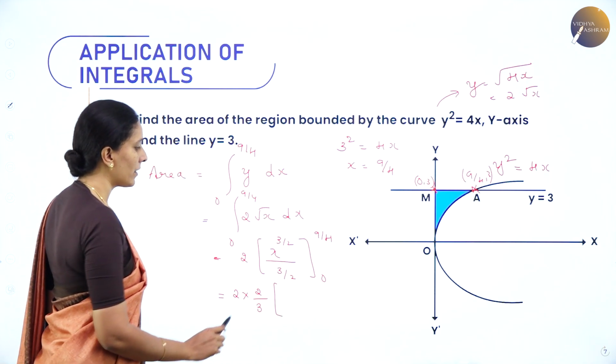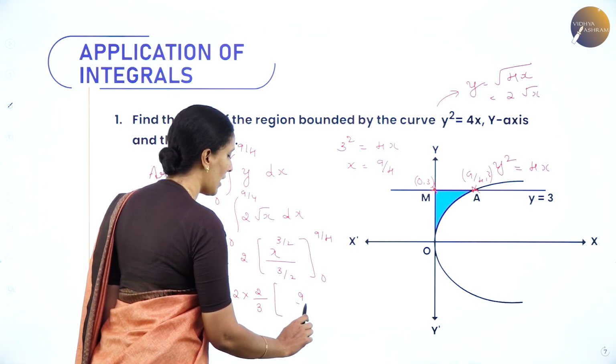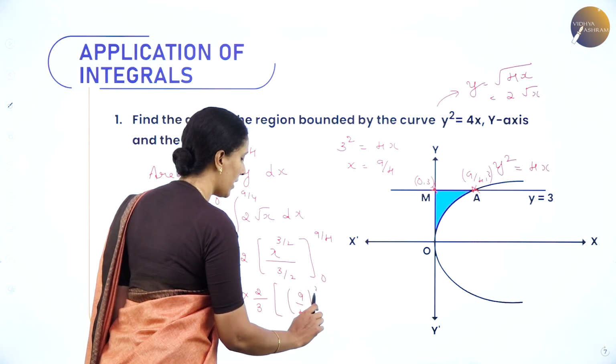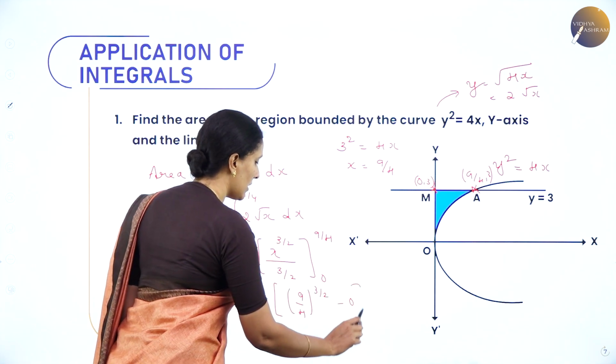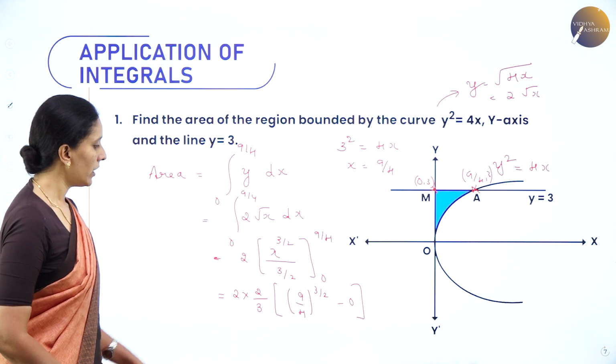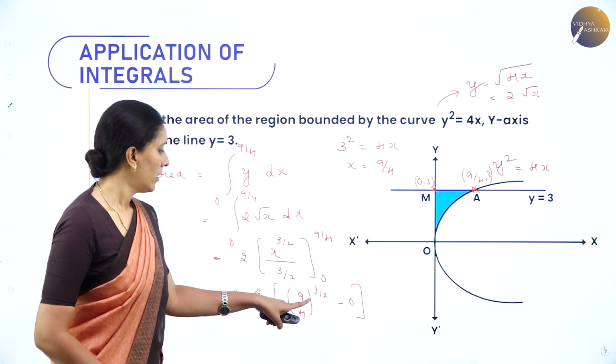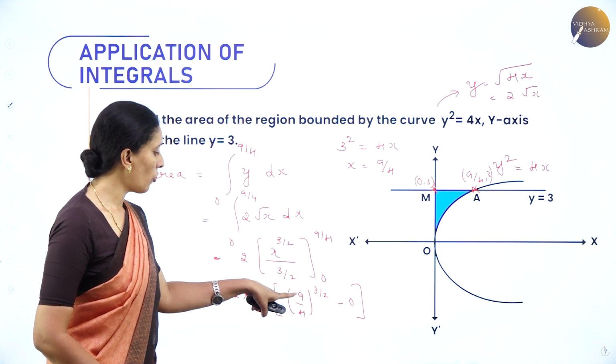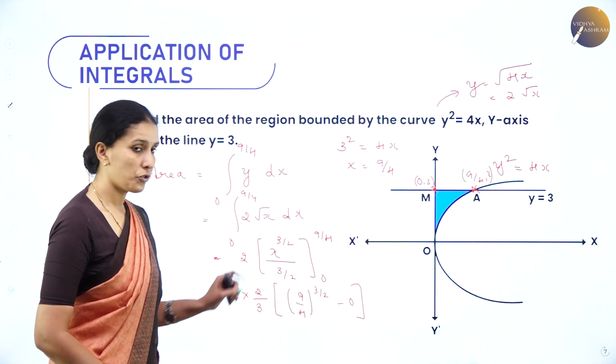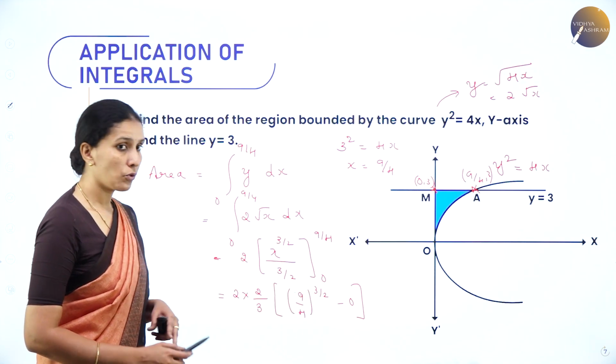So, x to the power 3 by 2 means 9 by 4 to the power 3 by 2 minus 0. Here, the square root of 9 is 3, the square root of 4 is 2. So, then it is 3 by 2 whole cube.